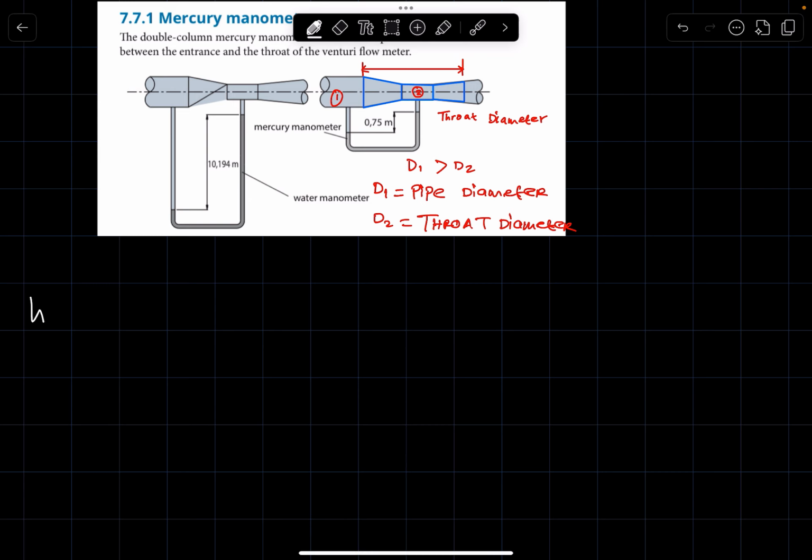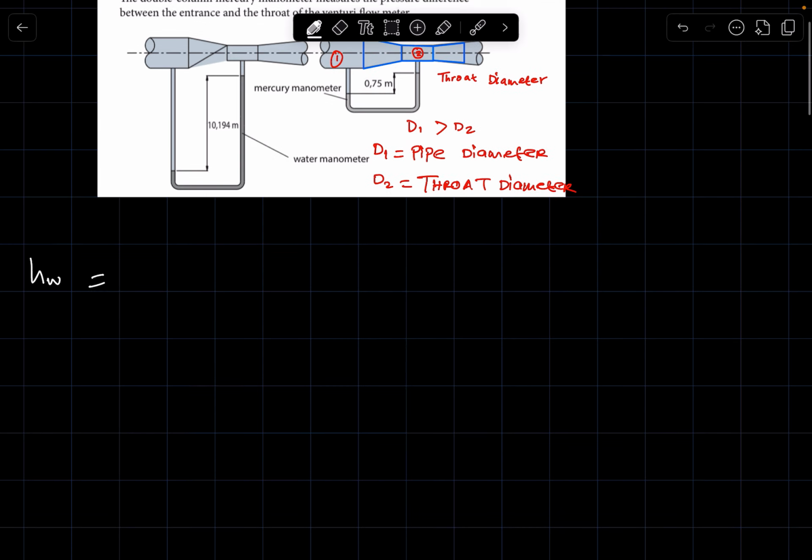the pressure head difference of the fluid running through the pipe and the Venturi meter. So if, for instance, the fluid running through the system is water, the pressure head difference of the water between point 1 and point 2 is equal to the H of mercury. Hg is how we denote mercury.